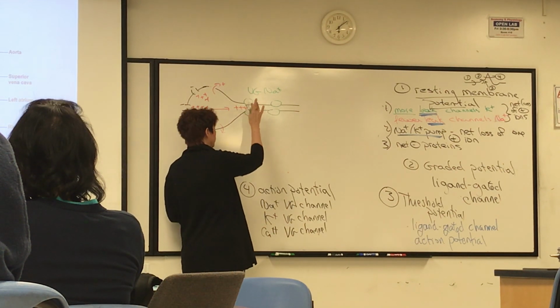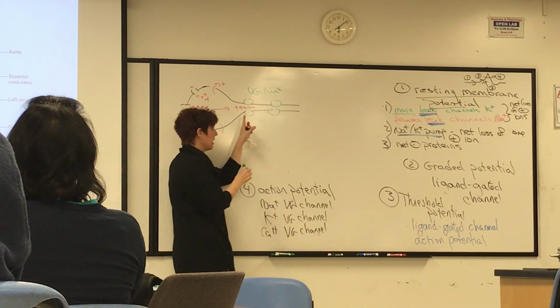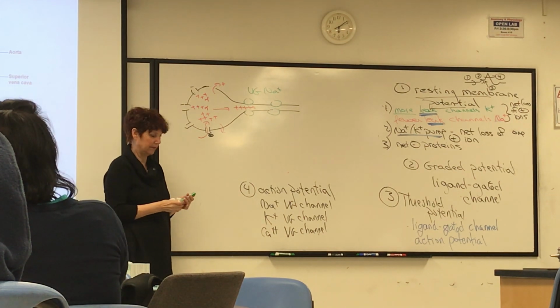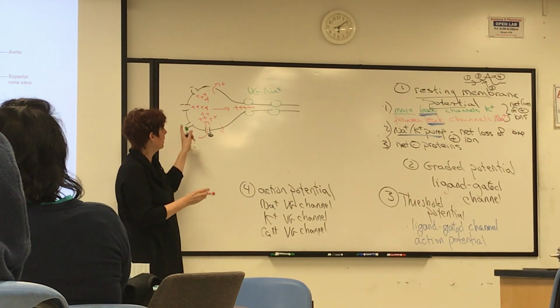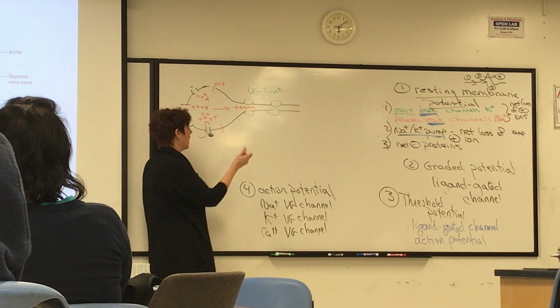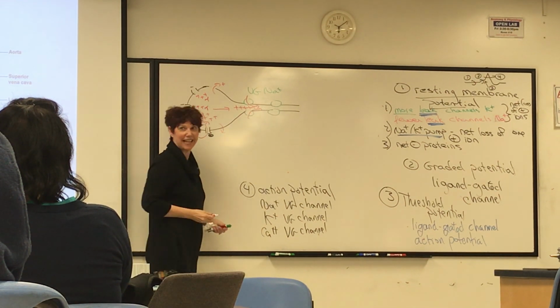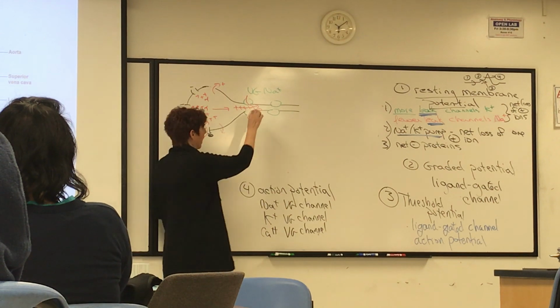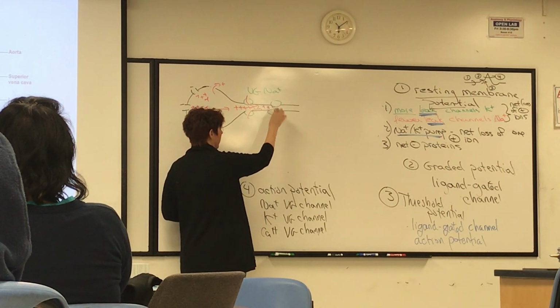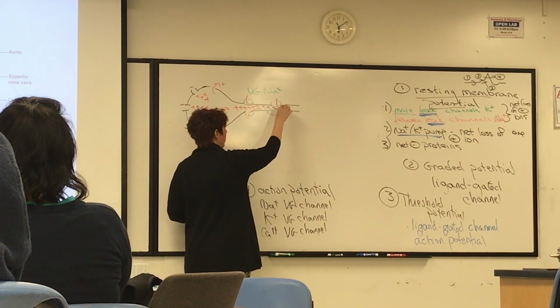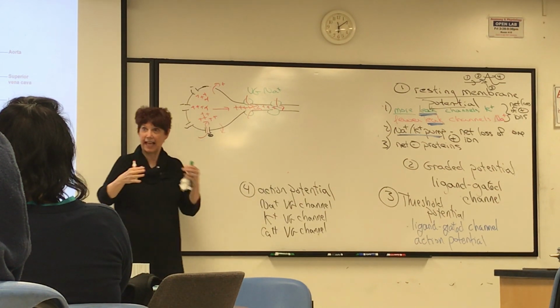So when this opens, because of the graded potential, these are still voltage-gated, but it's opening because of the graded potential being strong enough. This is going to allow positive ions to come into the cell. And those will travel down the axon, and that will be sufficient to open up the next set of voltage-gated.